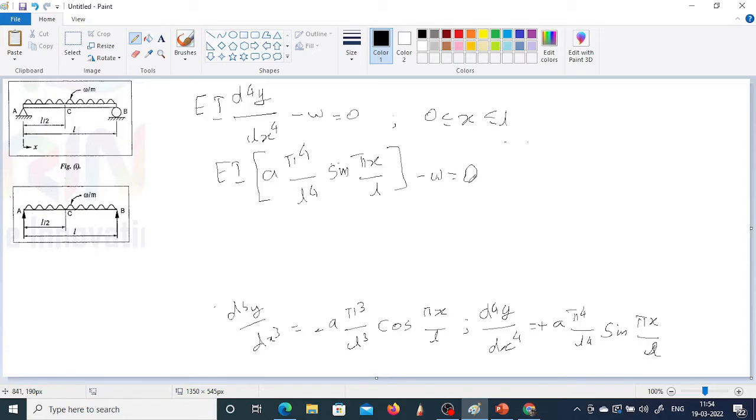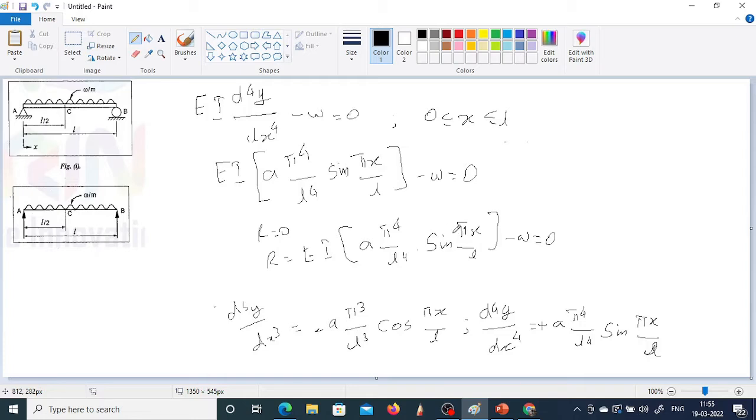So this form is known as the residual. The residual R is equal to 0 for all such problems, which can be written as R is equal to EI into A pi power 4 divided by L power 4 into sine pi x by L minus w is equal to 0, which is the residual identification method from the given problem.